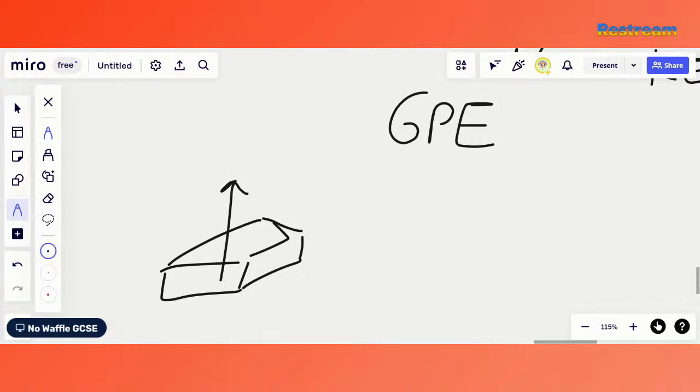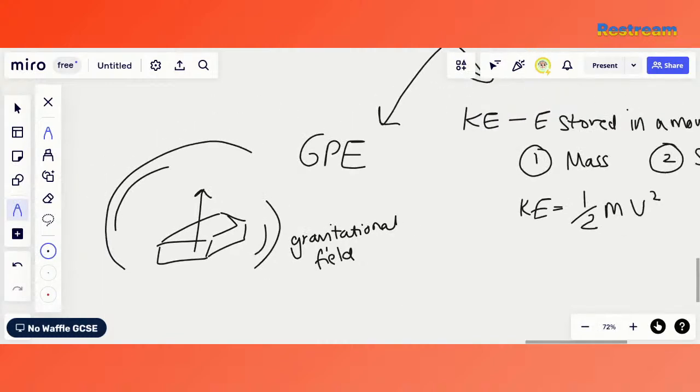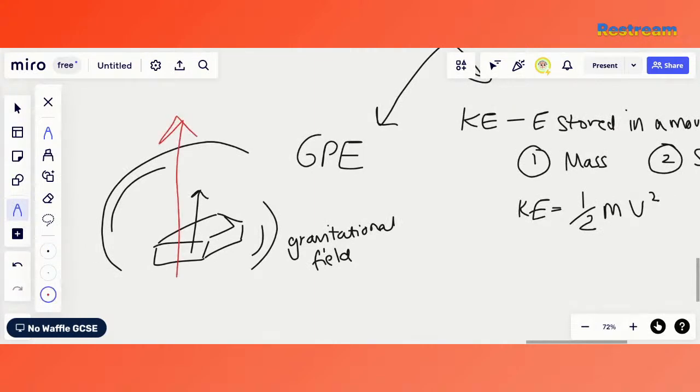So when you lift an object, you're lifting it within a gravitational field, and therefore you're doing work, and therefore energy is being transferred, and therefore there is a gravitational potential energy store. So the higher that this object is lifted, the more energy is transferred to this store.